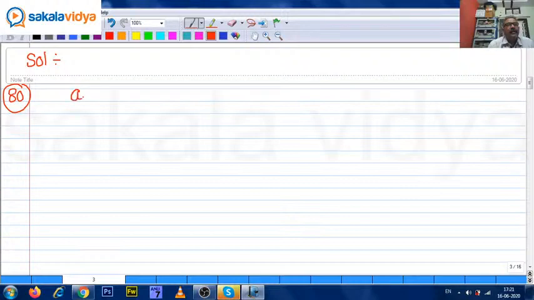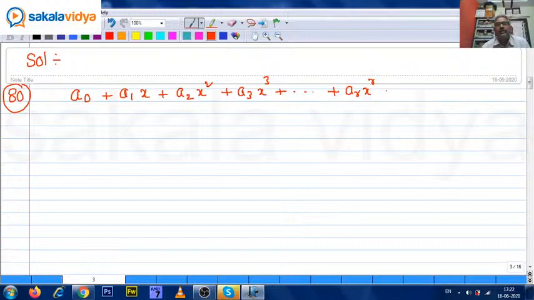First of all, a naught plus a1 x plus a2 x square plus a3 x cube and so on, ar x to the power of r, because ar is the x to the power of r coefficient, and so on, up to a2n x to the power of 2n equals to 1 minus 2x plus 3x square whole to the power of n.